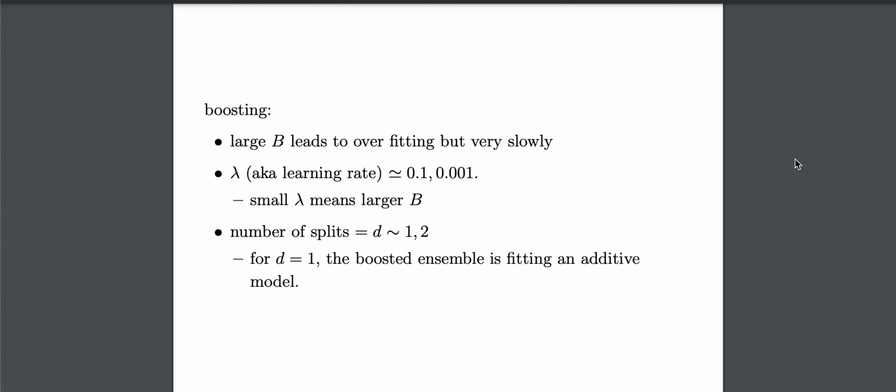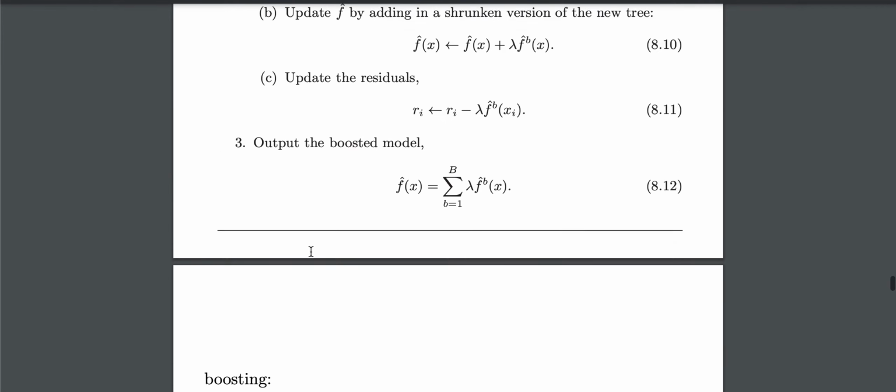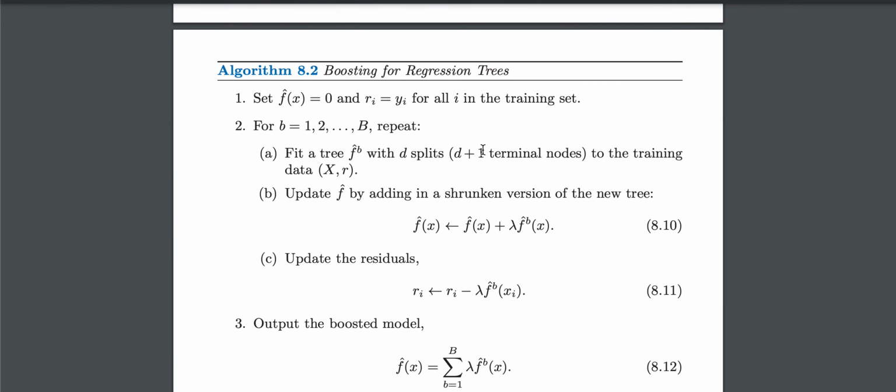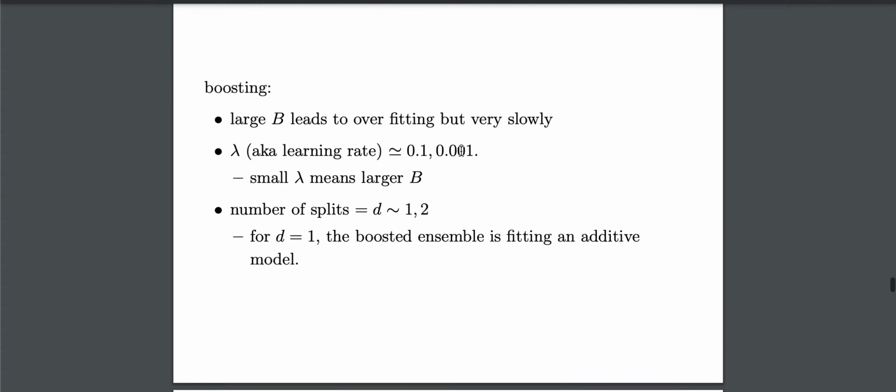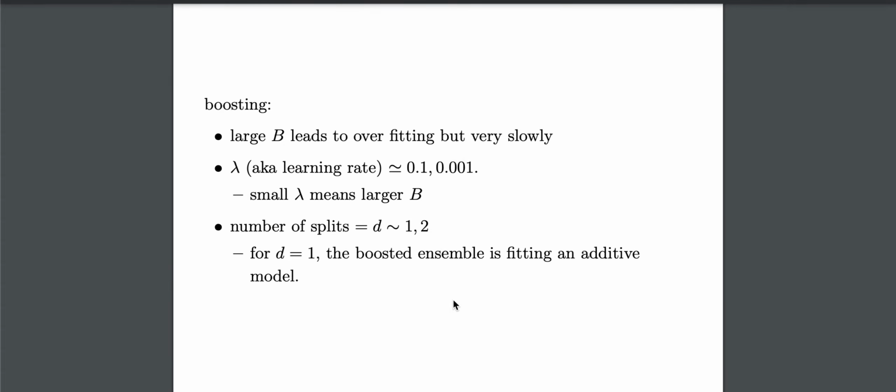And then the number of splits in each tree controls the complexity of the boosted ensemble. Again, each of these trees has d+1 terminal nodes. We want to have many boosted trees that are weak learners, but together they do a great job.